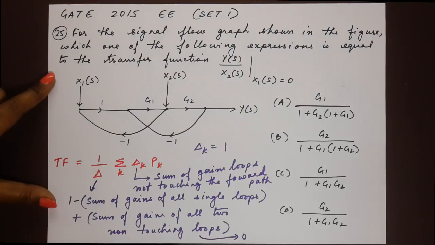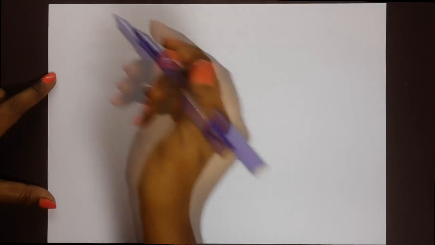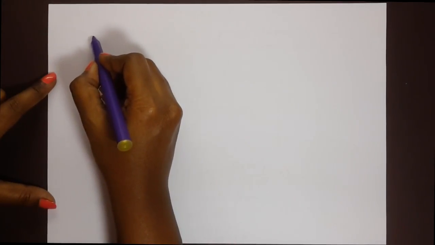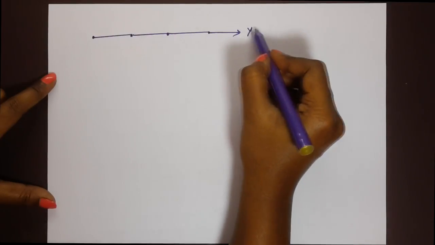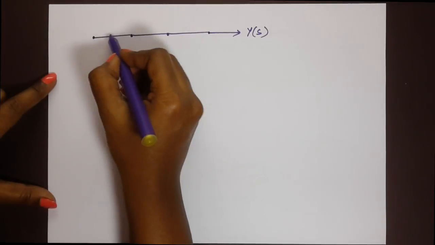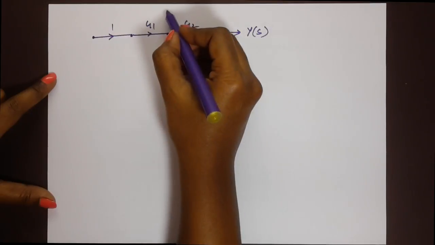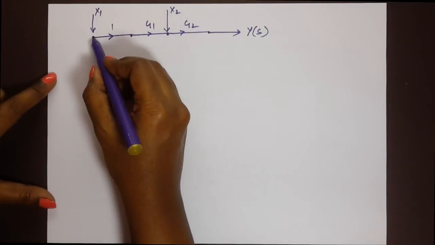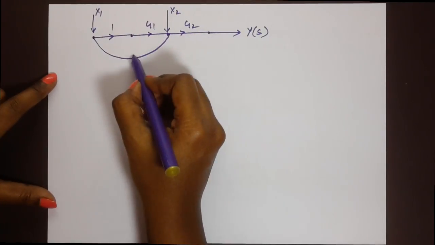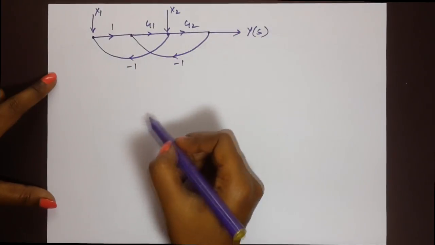We'll start with the forward path. That's our first step. I'll draw the figure here so that we don't have to turn back all the time and refer. We have our output y of s, 1, g1, g2, input x2, input x1, and we have a feedback here which is -1 and another here which is -1.